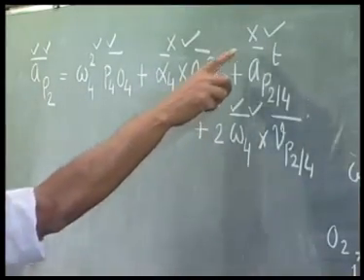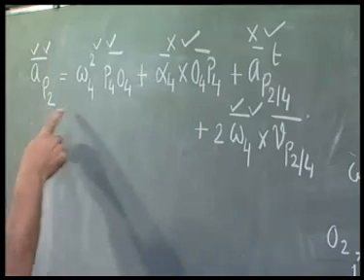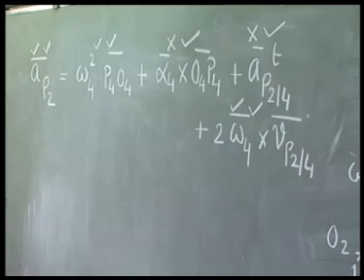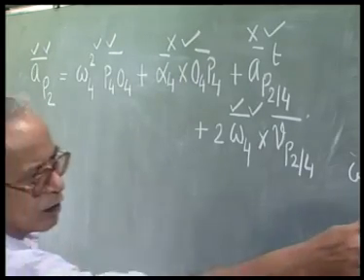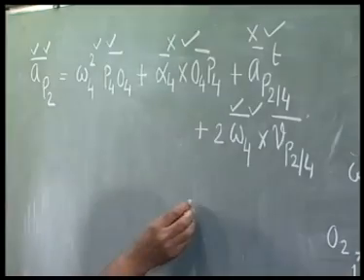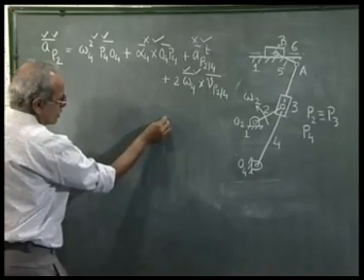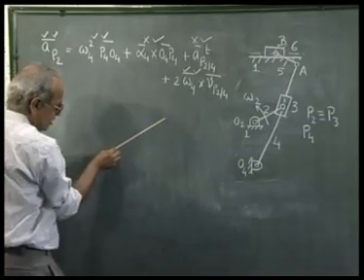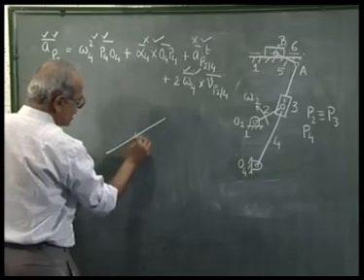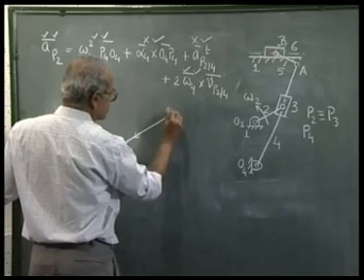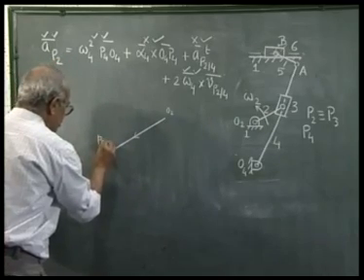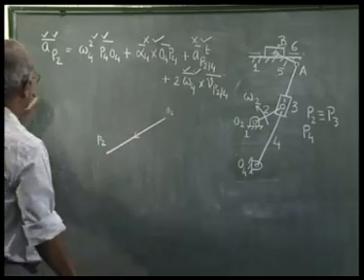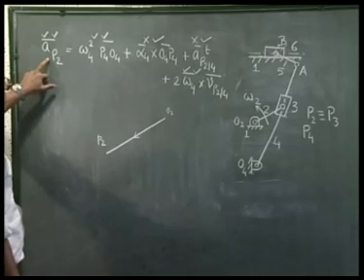Because there are two unknowns in this vector equation, let me draw the acceleration diagram, vector diagram. So, acceleration of P2 is this way, to some scale I represent this. This is O2 and this is P2, which is the acceleration of the point P2.